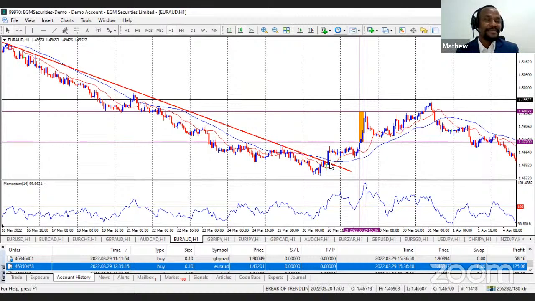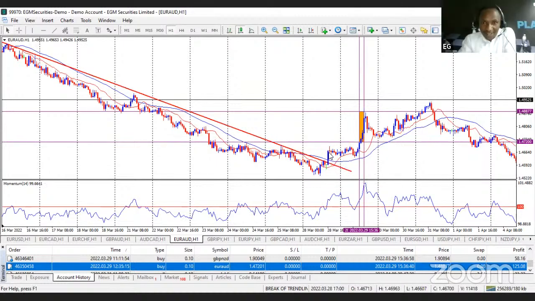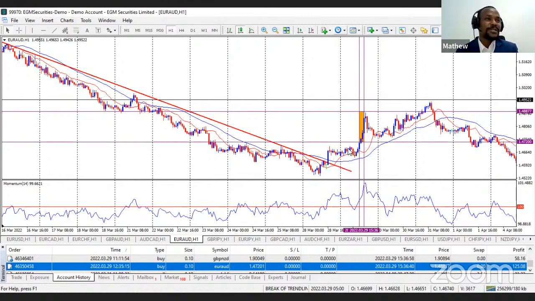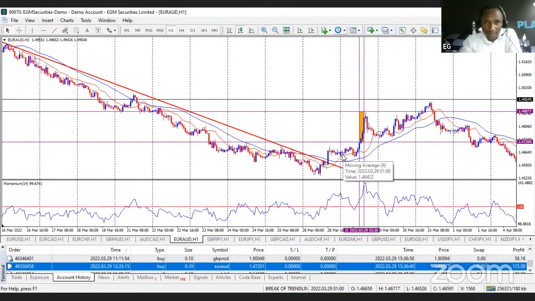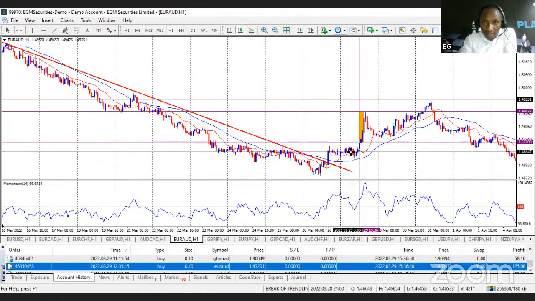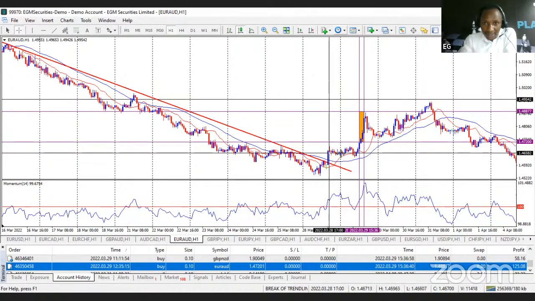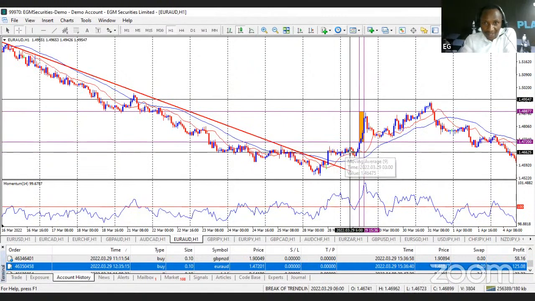Just before that strong bullish candle, there was some form of consolidation from mid-March. So it broke, then there was a bit of consolidation. Ideally, the entry level could have been anywhere along these candlesticks. Then you'd have that upward move.